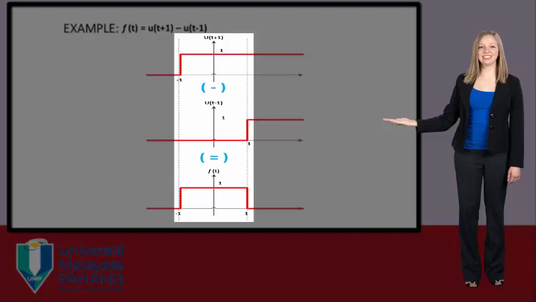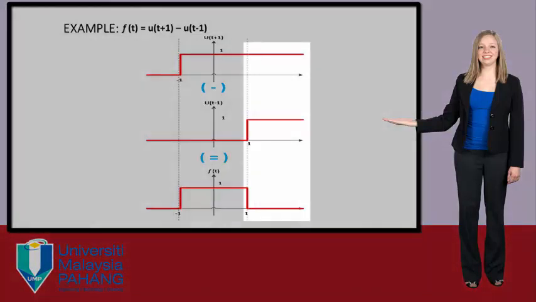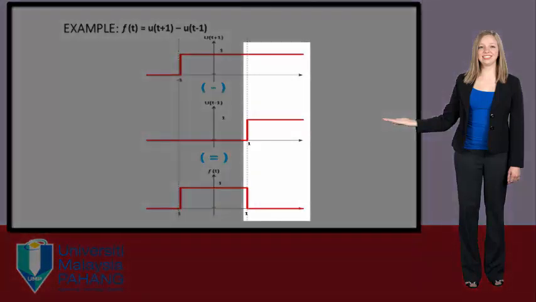So, 1 minus 0 equals 1. Therefore, we draw the amplitude of the signal f(t) between negative 1 and 1 as 1. For t greater than 1, both signals' amplitude are 1. 1 minus 1 equals 0. Then we draw the signal f(t) equals 0 for t greater than 1.